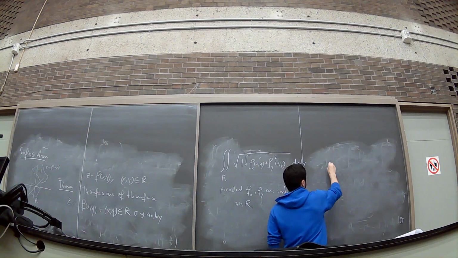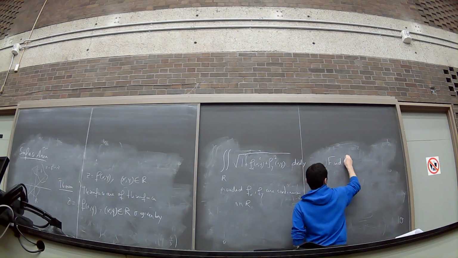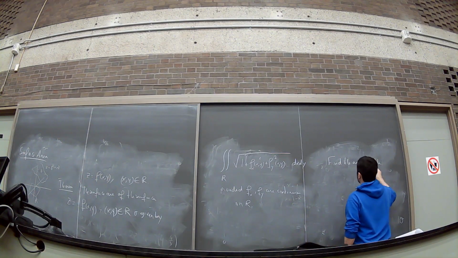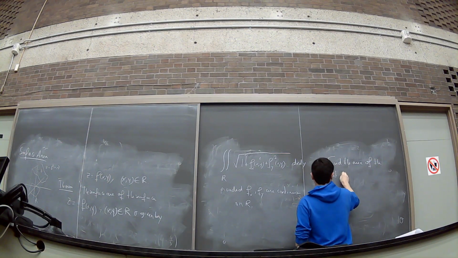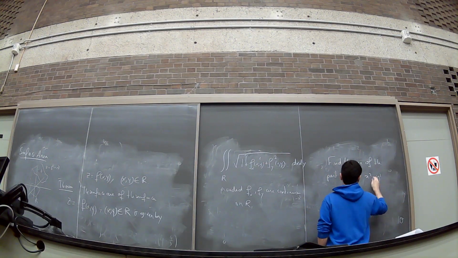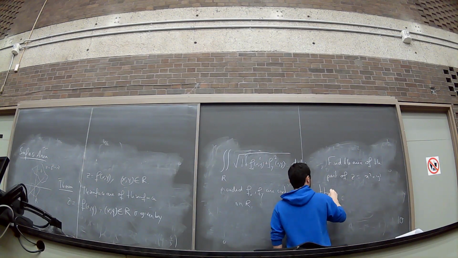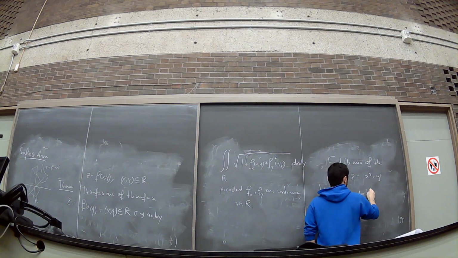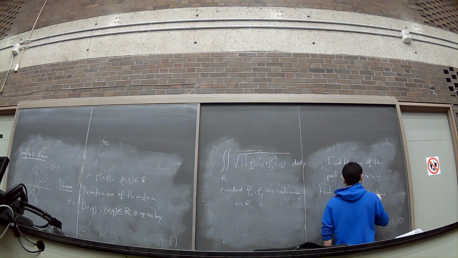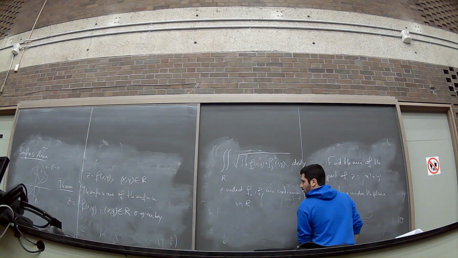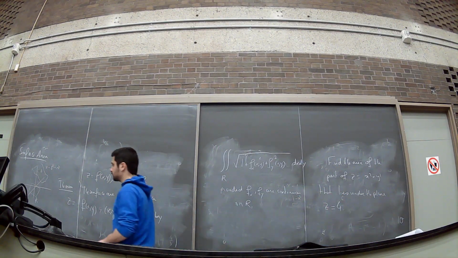Find the area of the part of z equals x squared plus y squared that lies under the plane z equals 4. I mean, it's really easy.